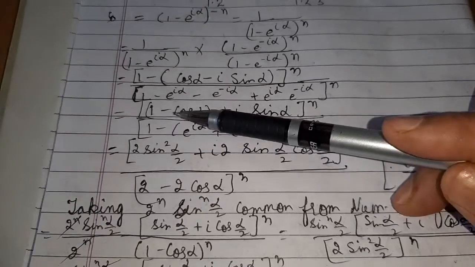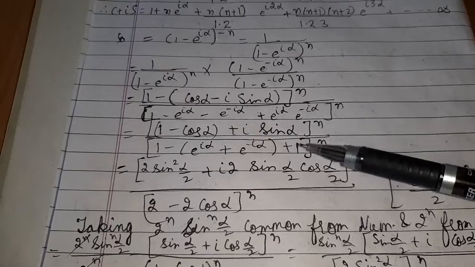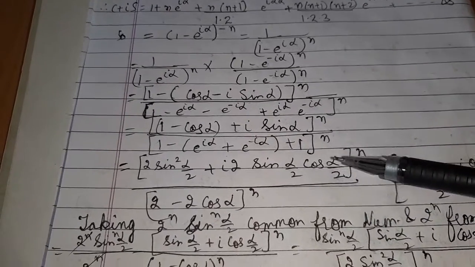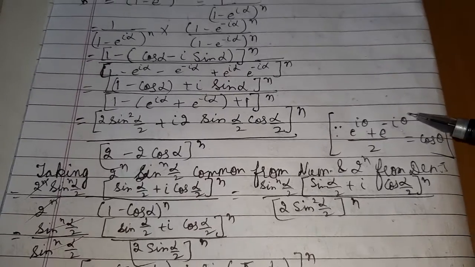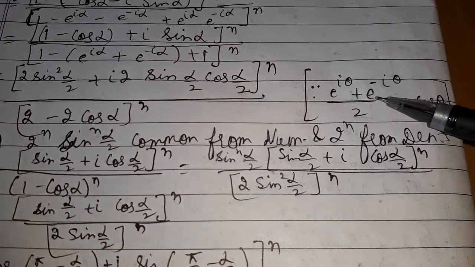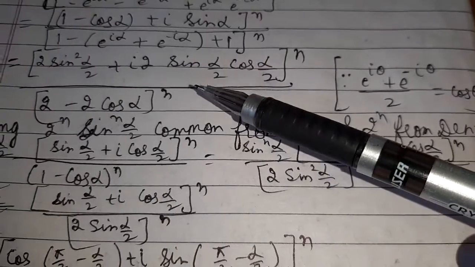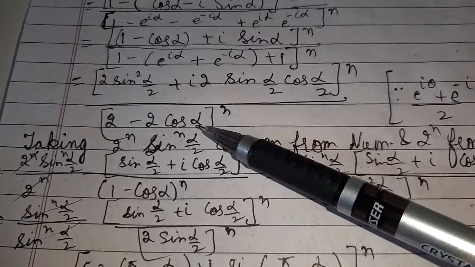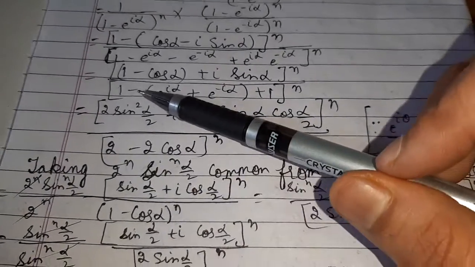Now the formula for 1 minus cos theta is 2 sin square theta by 2. The formula for sin theta is 2 sin theta by 2 cos theta by 2. Also, e raised to power iota theta plus e raised to power minus iota theta over 2 is cos theta, so e raised to power iota theta plus e raised to power minus iota theta becomes 2 cos theta. So here it becomes 2 cos alpha, and 1 plus 1 becomes 2, with the negative sign.